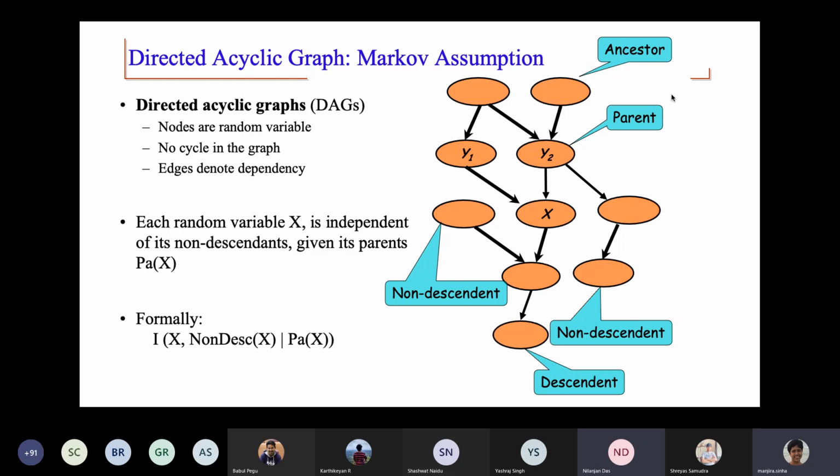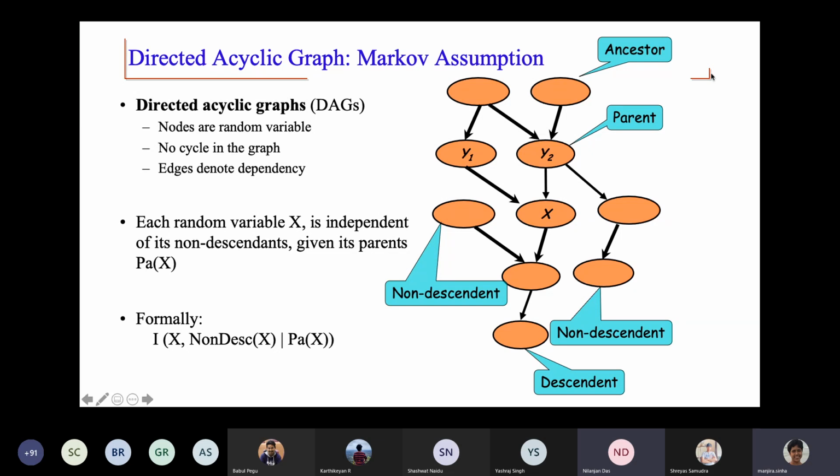Unlike the graphs where the nodes are data instances and the edges merely represent the similarity or the distance between two nodes, here in directed acyclic graphs the edges actually denote dependency, that is, conditions or cause and effect type of relationships.